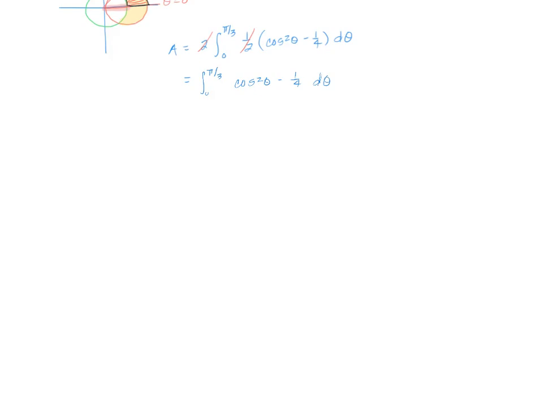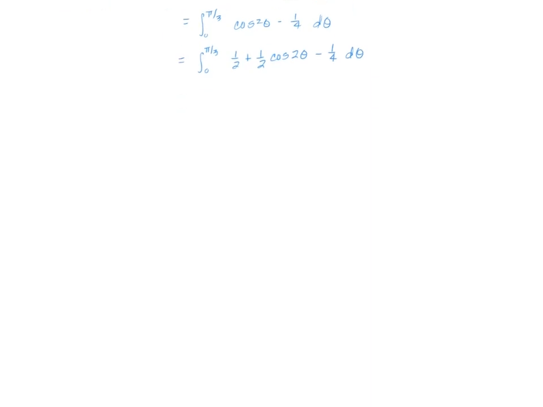And I'm going to replace the cosine squared with 1/2 plus 1/2 cosine of 2 theta minus 1/4. And then the 1/2 minus 1/4 will just be a positive 1/4. Again, you don't have to combine, but it turns out nicer.